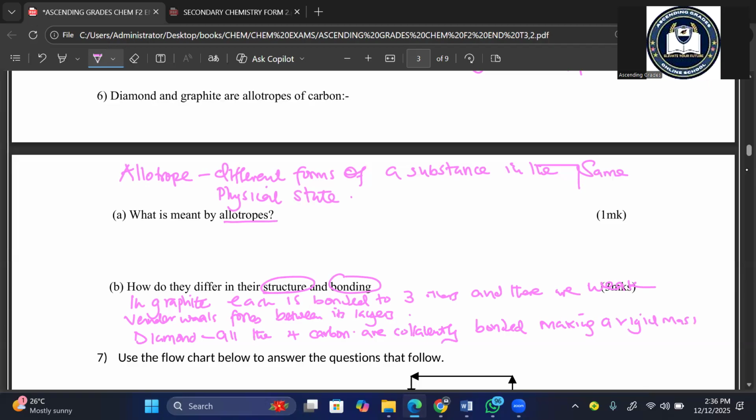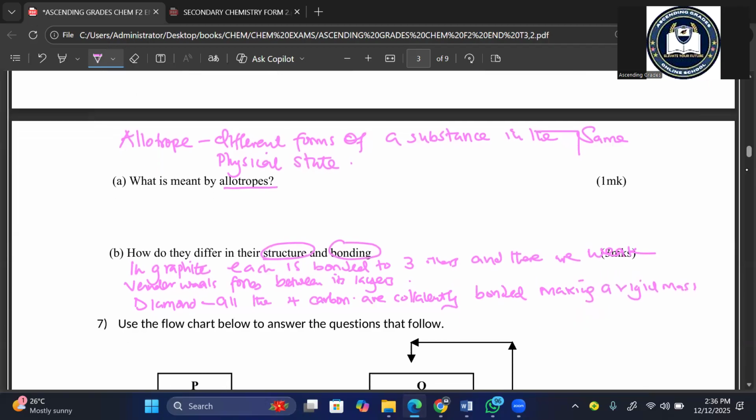That is why we have diamond to be a very strong substance.